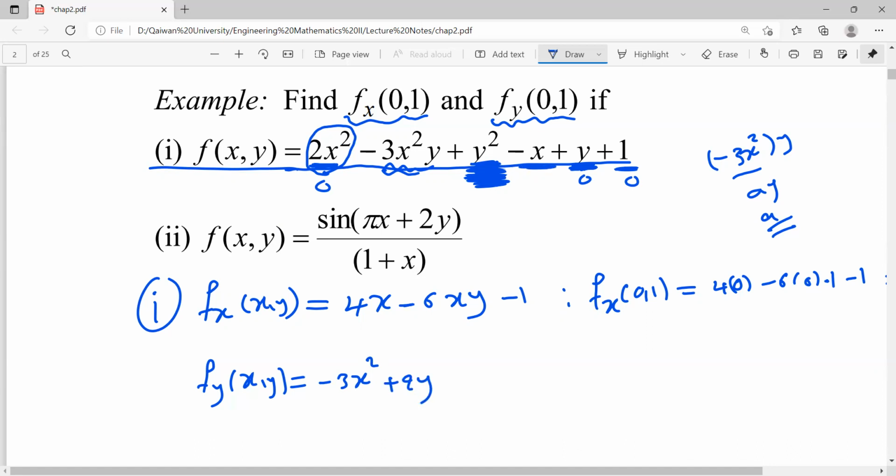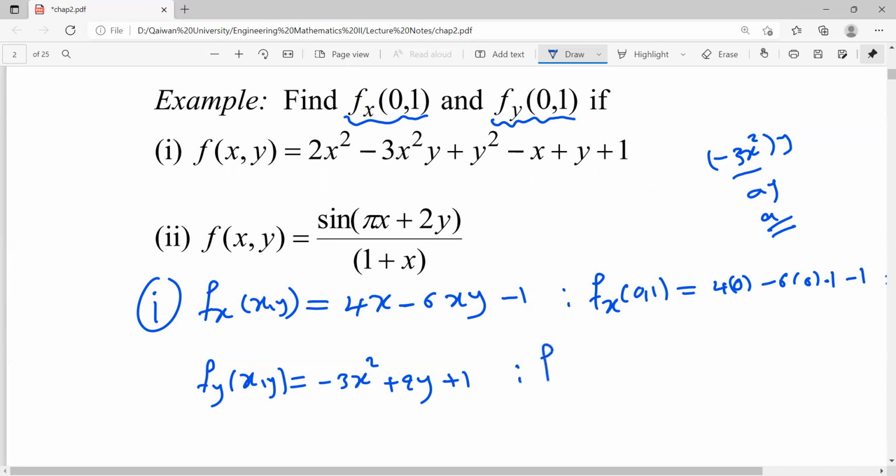The derivative of this term, minus x, with respect to y, since you have no y in that term, is 0. And the derivative of y is 1. The derivative of 1 is 0. Okay? Is it clear? Okay, so this is f sub y.